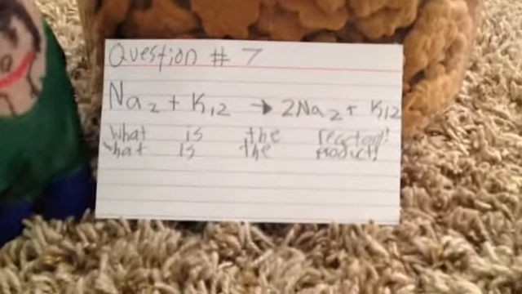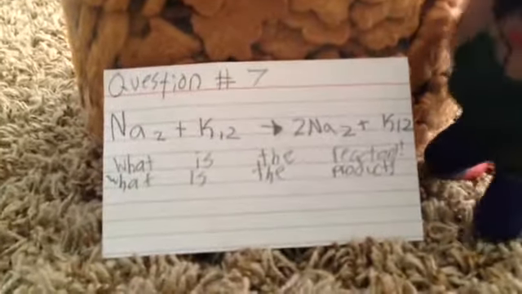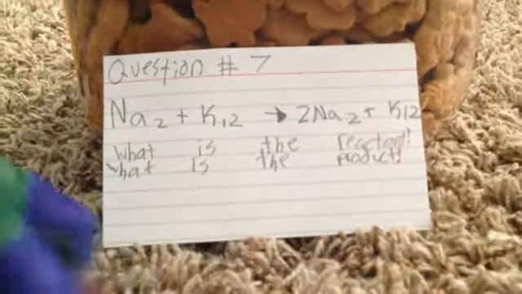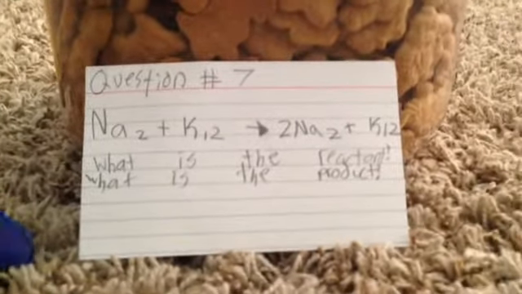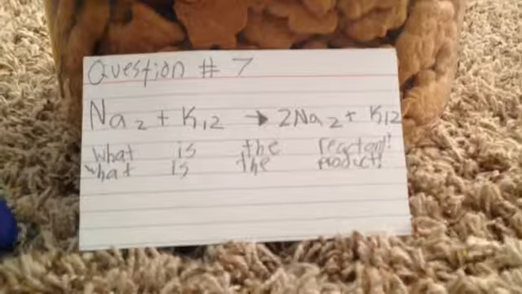What are the reactants and what is the product in this chemical equation? Na2 plus K12 yields 2Na2K12.